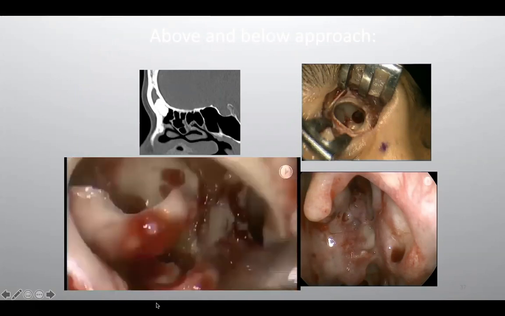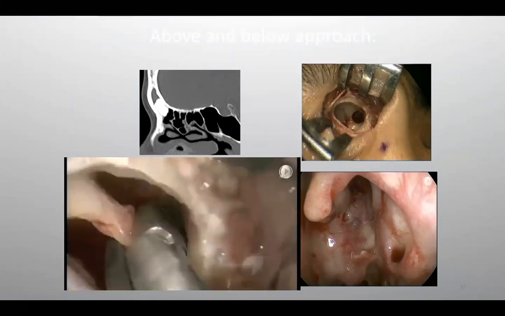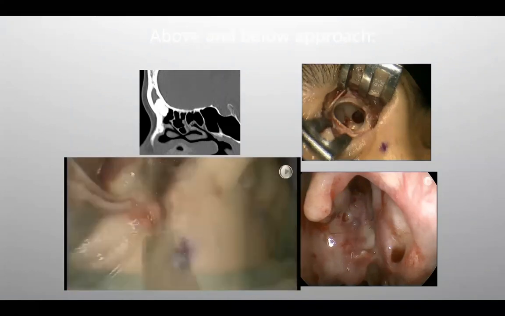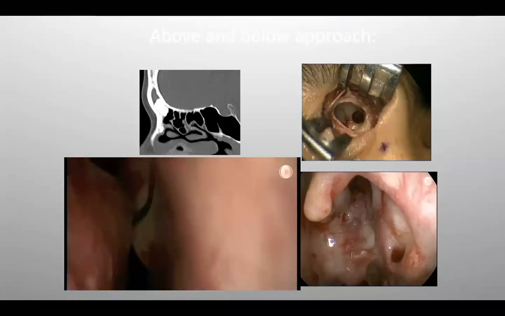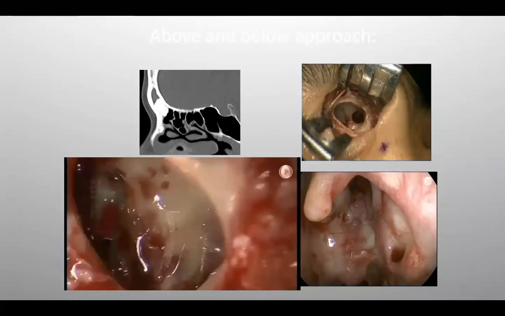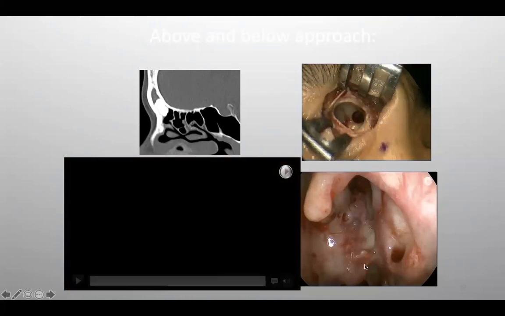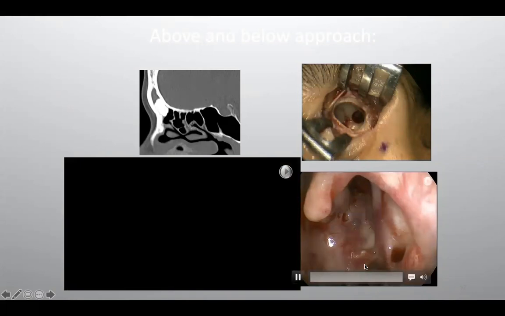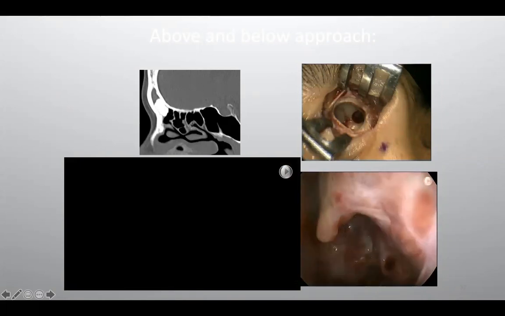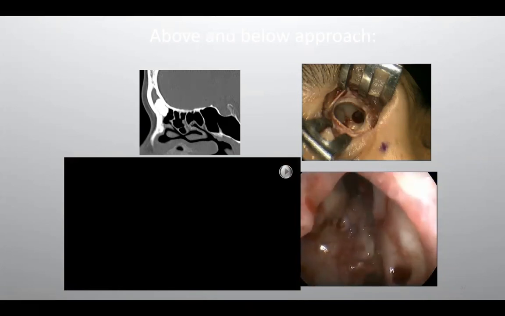So just taking some of the bone, removing it, and then through the nose. And there you can actually see the other instrument popping through. Okay. This is our last video. That's just seeing the instrument coming from above.